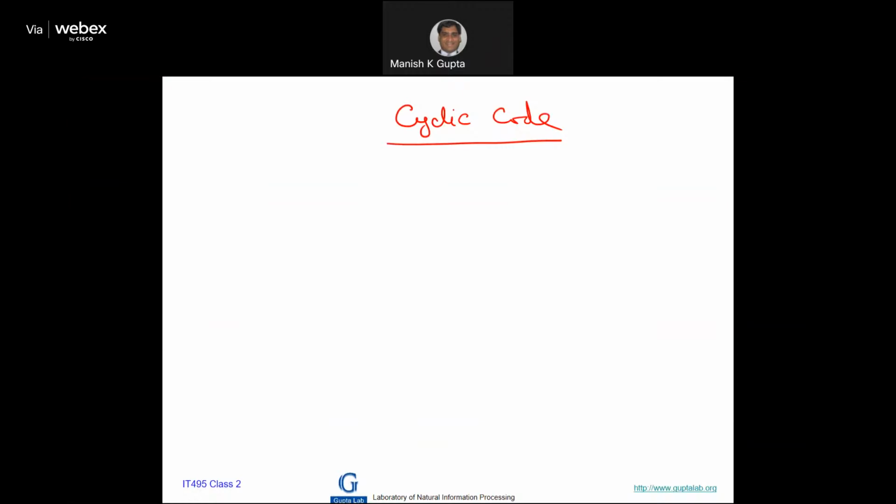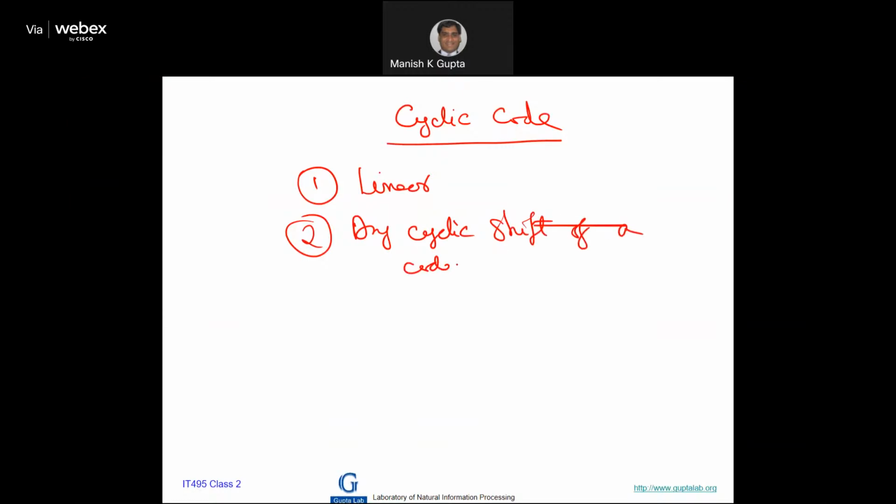What do you mean by a cyclic code? A cyclic code is a linear code. First of all, it's a linear code. A code is said to be cyclic if it is linear. Linear means it is a subspace of some dimension, right? And second, any cyclic shift of a code word is again a code word, right?